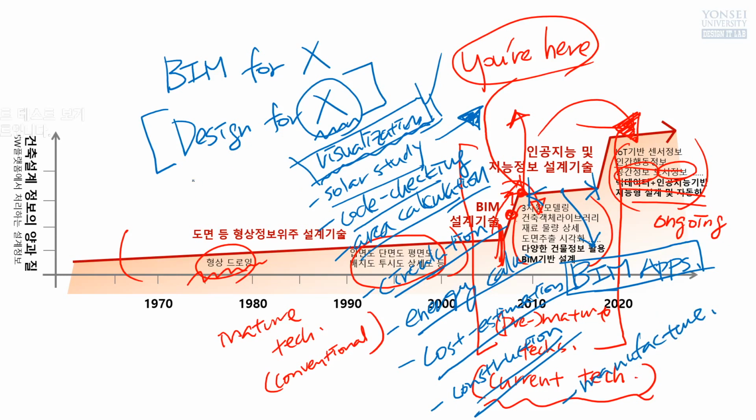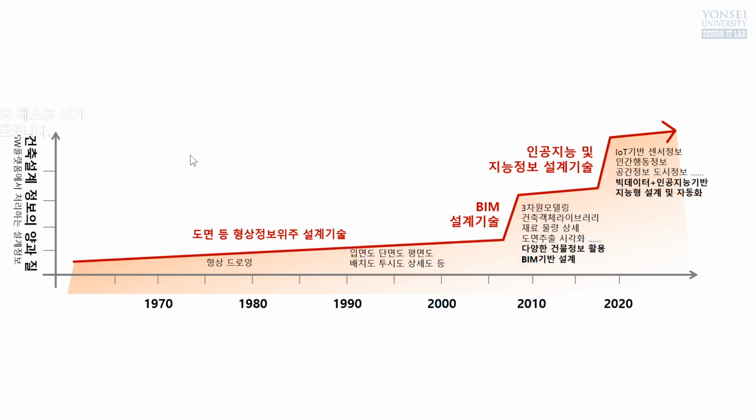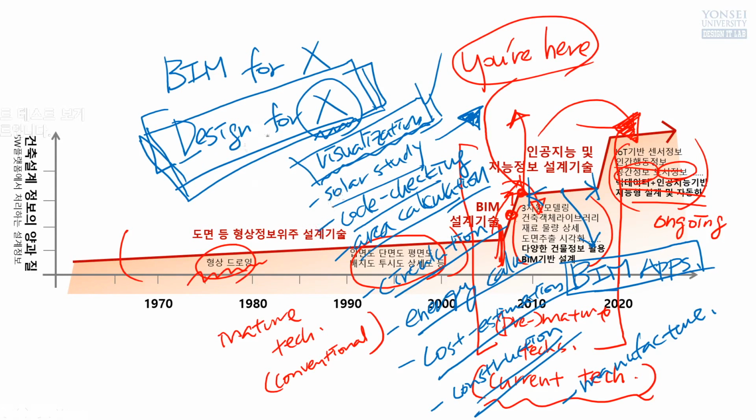Actually, your reference, this week's reading assignment, will show you DFMA, design for manufacture, assembly, construction. So BIM 4X, similarly design 4X, this is actually the main subject, the main topic today.